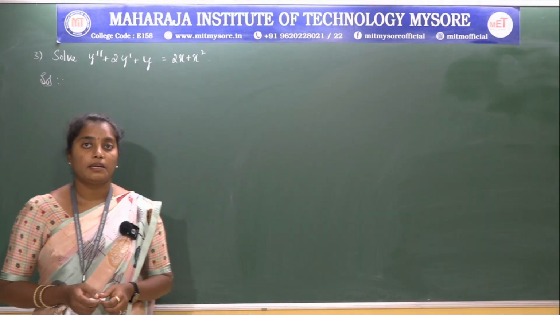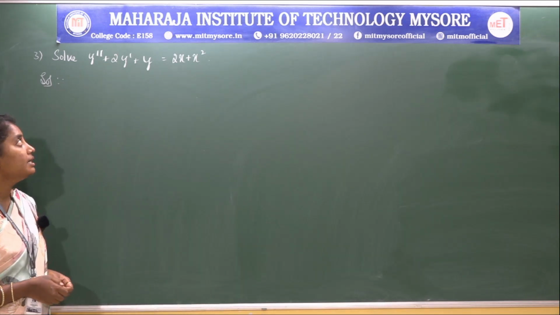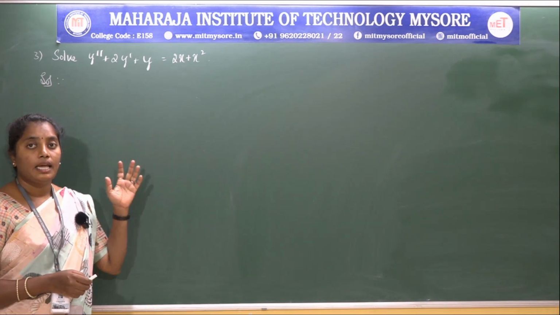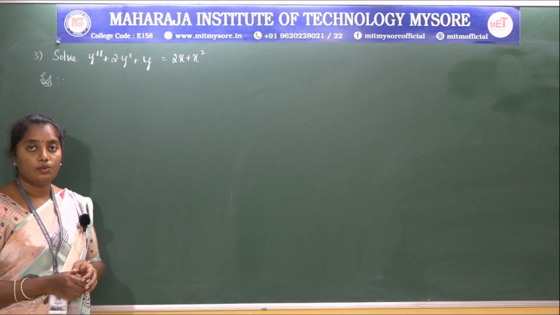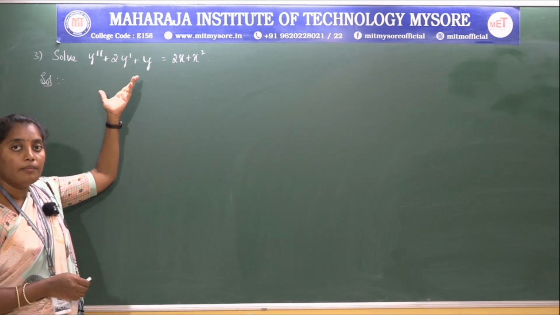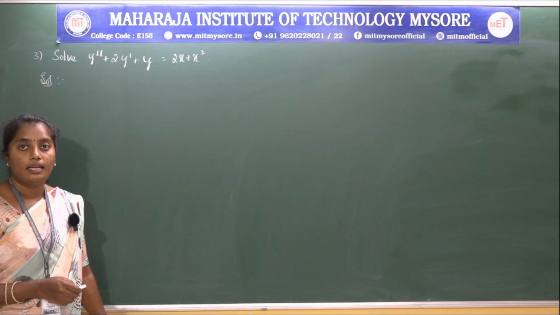Next problem on type 3, that is if phi of x is a polynomial: y double dash plus 2y dash plus y is equal to 2x plus x square. So the given polynomial is 2x plus x square. To find the solution of this, first we have to find the complementary function using the LHS part and particular integral using the RHS part.